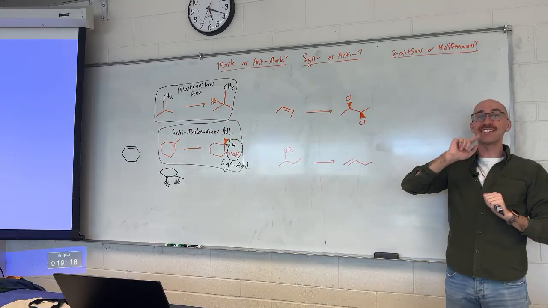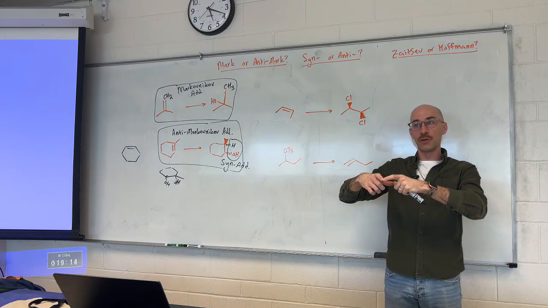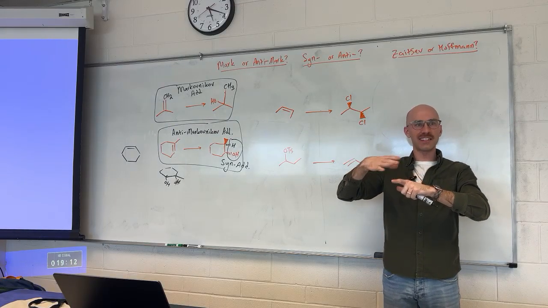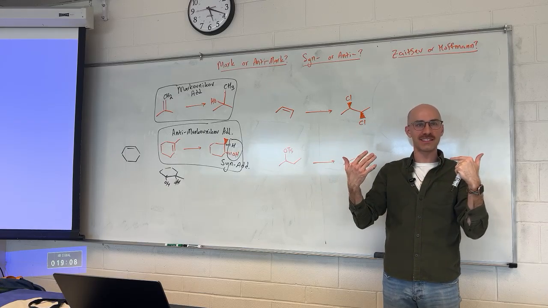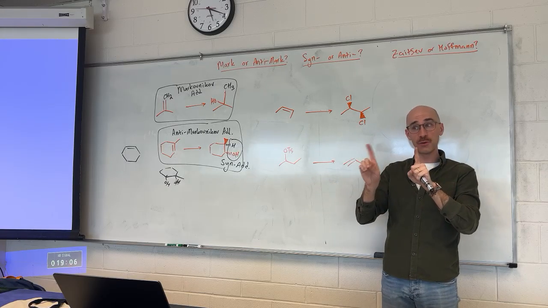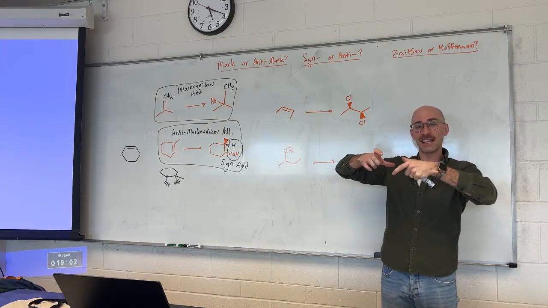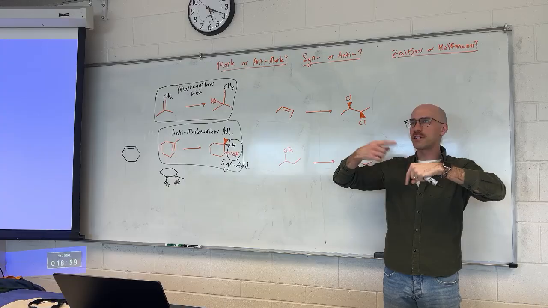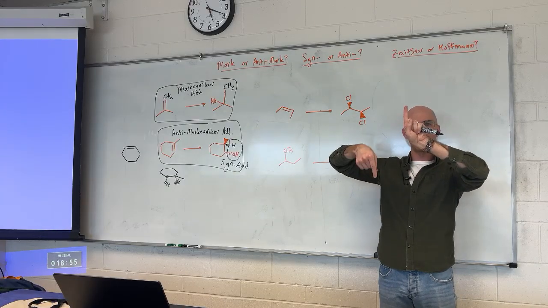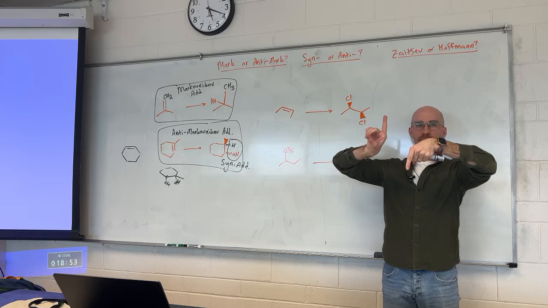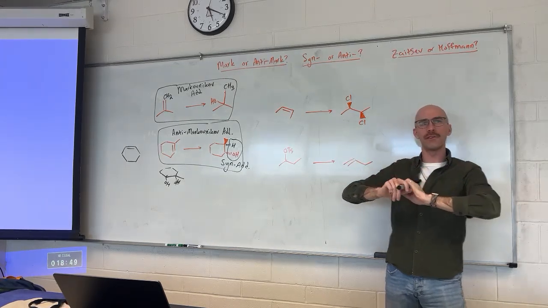Now remember, cis and trans can only be used on rings and only on di-substituted rings. As soon as I have more than 2 groups, I can't describe them all with cis or trans. I can only describe 2 things. And the reason I can do that on a ring is because the ring is locked. It's not allowed to rotate as much as it wants. It can rotate a little bit, axial and equatorial, and then the other way, axial and equatorial, but it can't rotate all the way around.